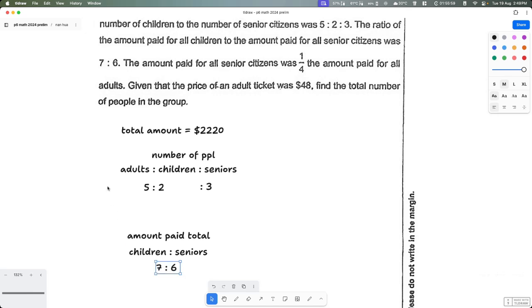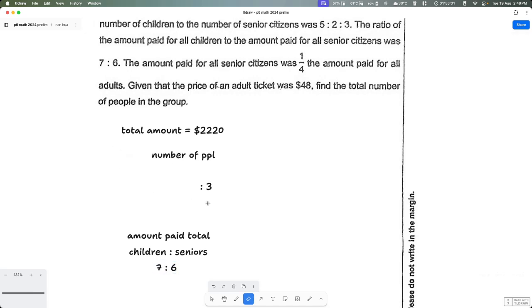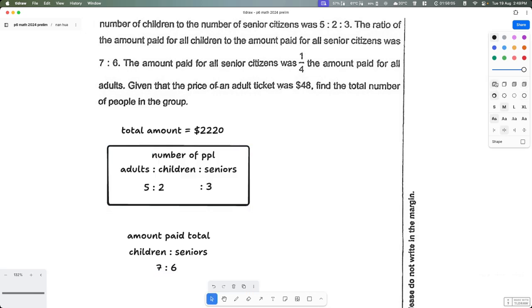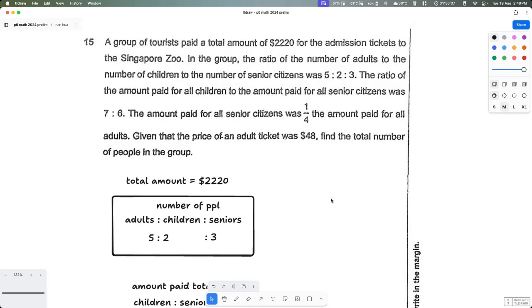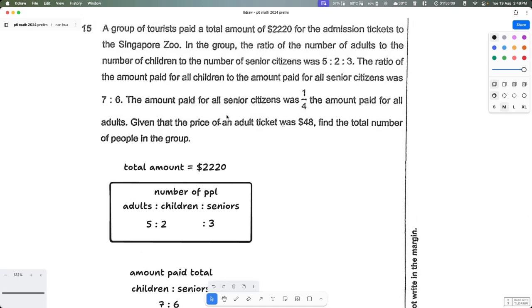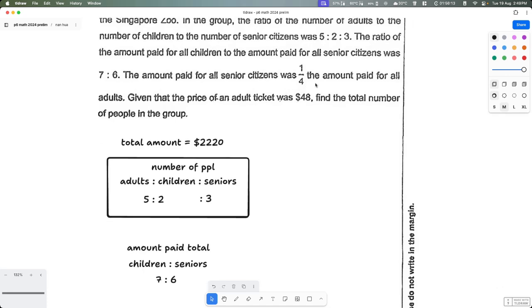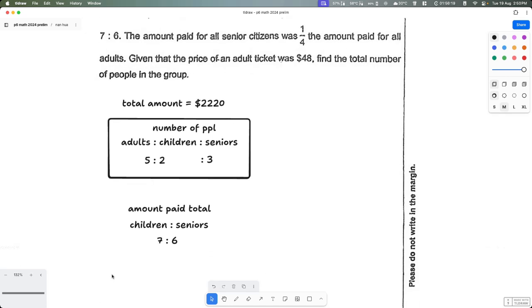So I'm just going to put this as a rectangle. And for this, the amount paid for all senior citizens was one quarter of the amount paid for all adults. So senior paid is equal to one quarter of adults.